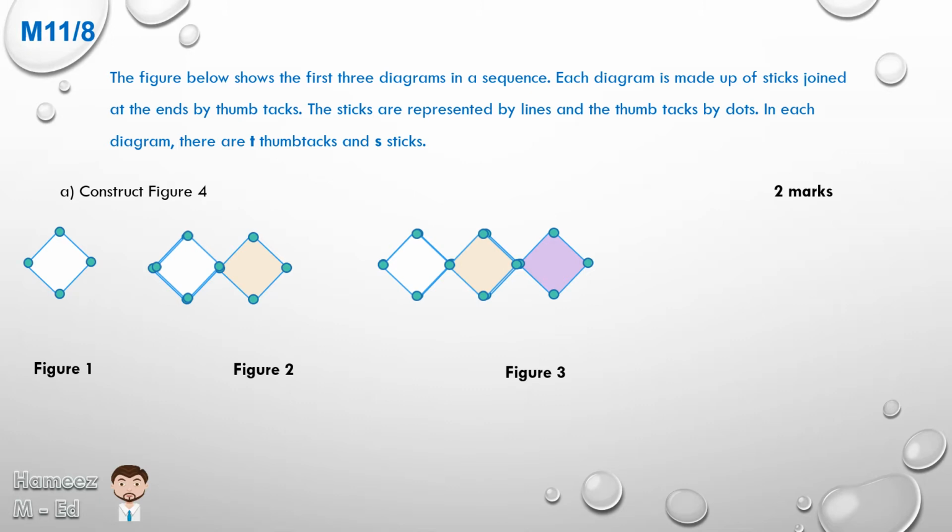And how many more thumbtacks? 3 more. So we keep adding in 3s because the thumbtack is repeating for both the second and third squares. So how do we create the fourth diagram? Well, we repeat figure 3, and now we add 4 more sticks and 3 more thumbtacks.